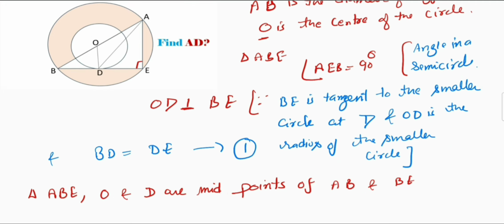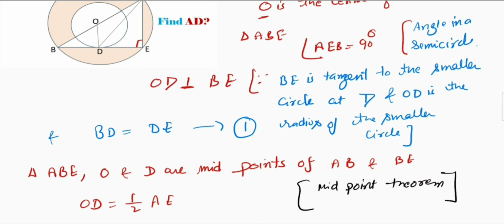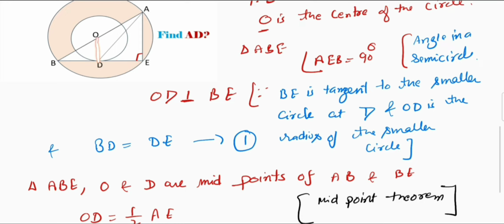Now let's see the triangle ABE. In this triangle, O is the midpoint of AB and D is the midpoint of BE. So here we can apply the midpoint theorem. According to that theorem, OD is equal to half of AE.